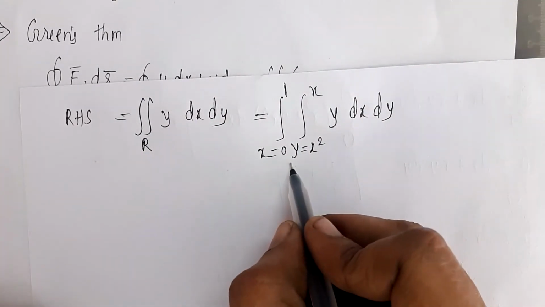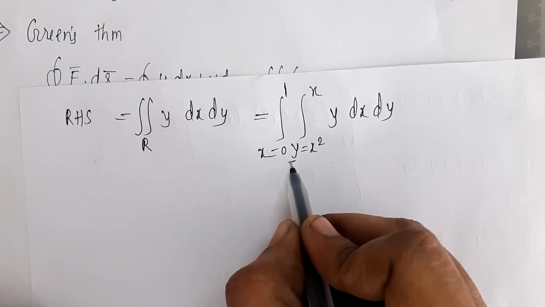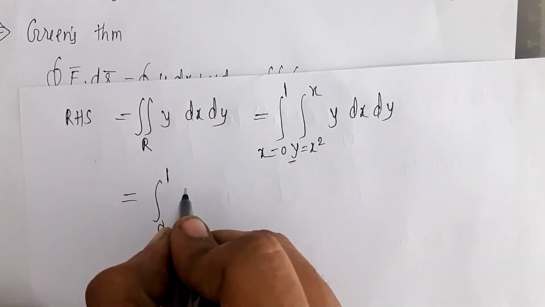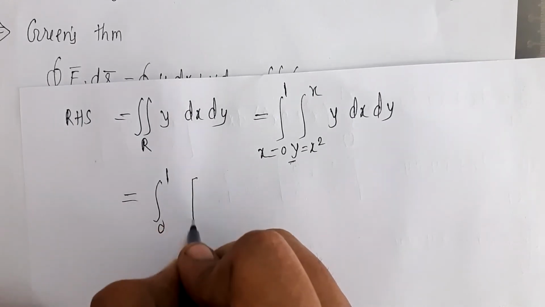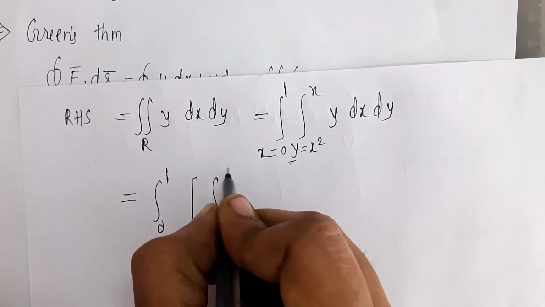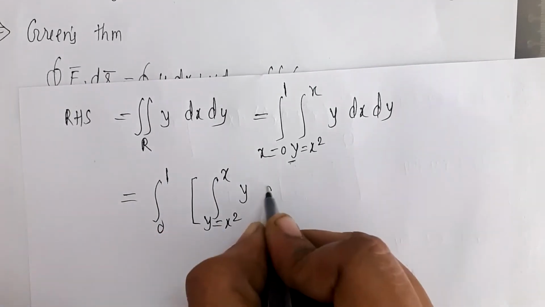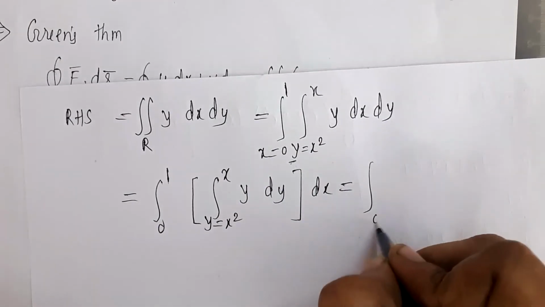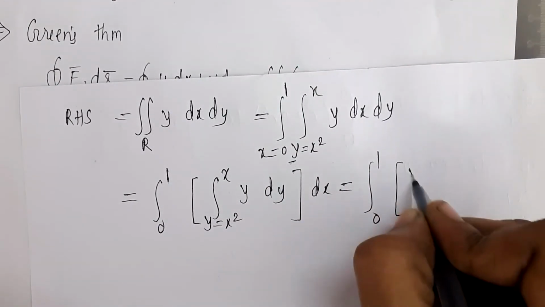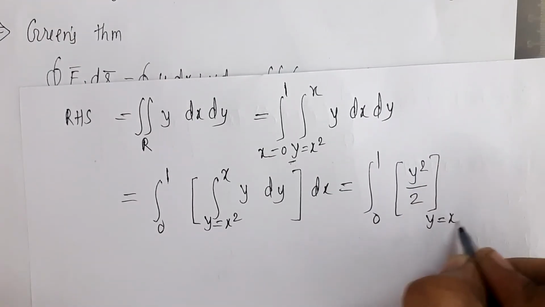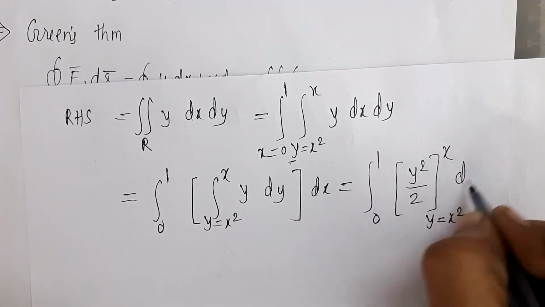Since it is a variable limit, we integrate first with respect to y. So it is equal to integration from 0 to 1, integration with respect to y, y is equal to x square to x, y dy, and dx is outside. So what is the integration of y? It is y square by 2 over the limit y is equal to x square to x, dx.